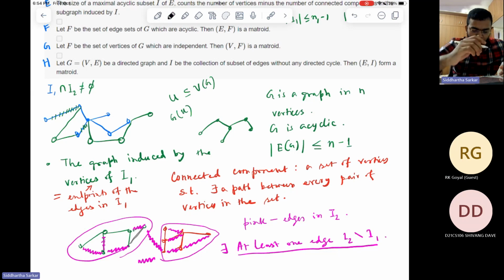If in the original graph this edge was there, then it is part of this connected component, but they are neither in I1 nor in I2. So this is the graph induced by the vertices which are endpoints of I1. Okay.